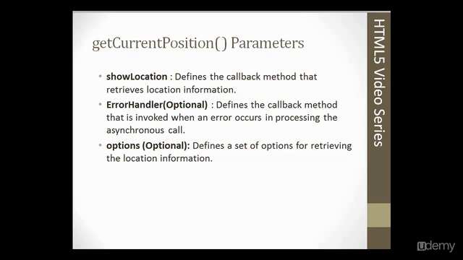And next is the error handler method, which is invoked if there's any kind of error or if the positioning fails. And then finally we have the options parameter, which will define a set of options that I can show you when we start the programming.